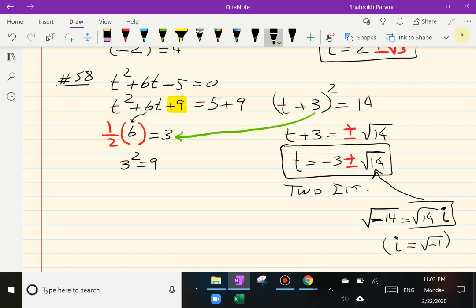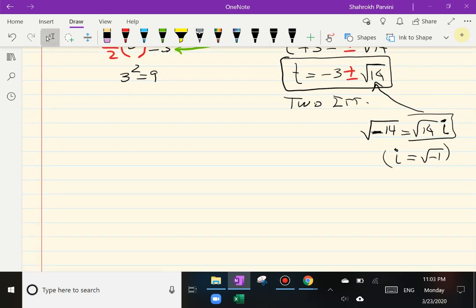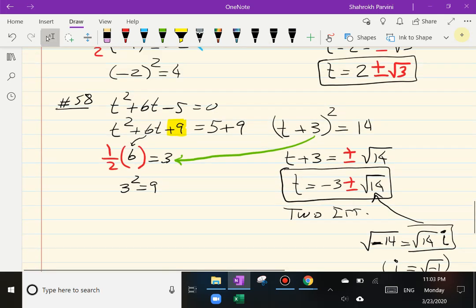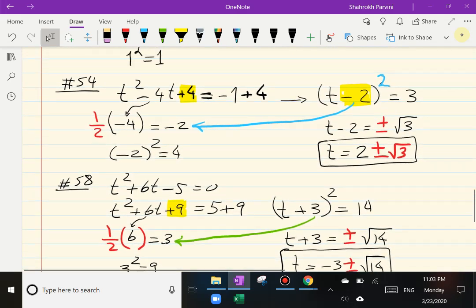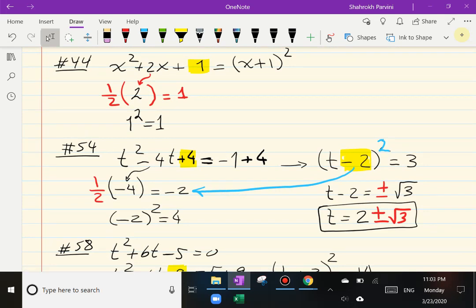Now, the one last thing about this section, and we're done with this section, is there's a little string attached when you use the completing the square method. So actually, there you go. I have all three of them here in front of me.